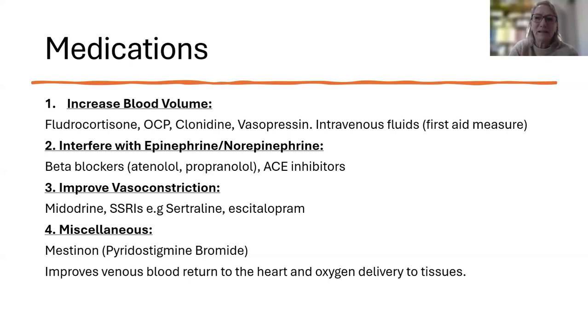So you might get that as a secondary effect. So the oral contraceptive pill, for example, increases blood volume. So people often feel better when they're on that. And same with clonidine and vasopressin medications that have the blood volume increase as well.